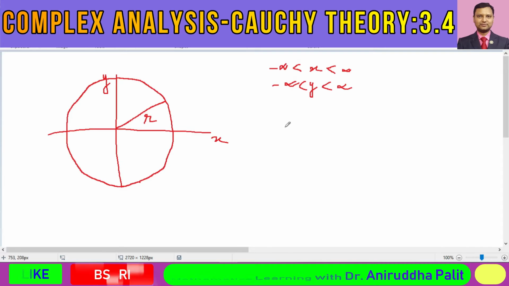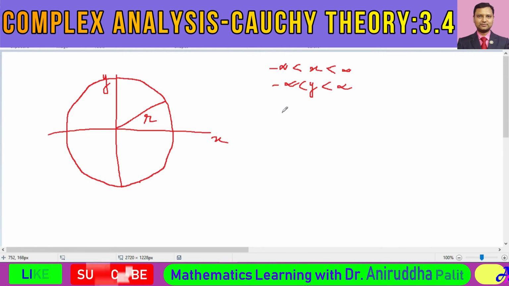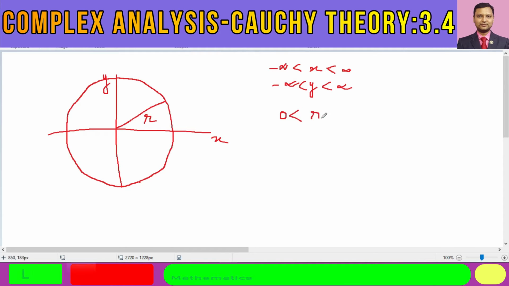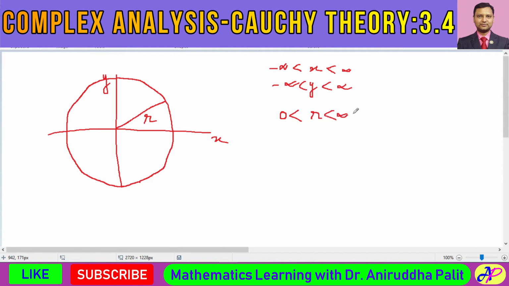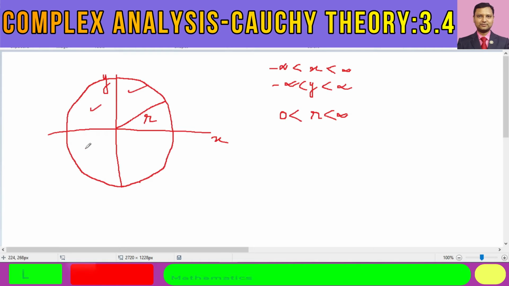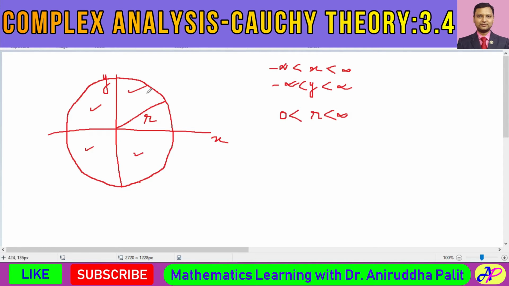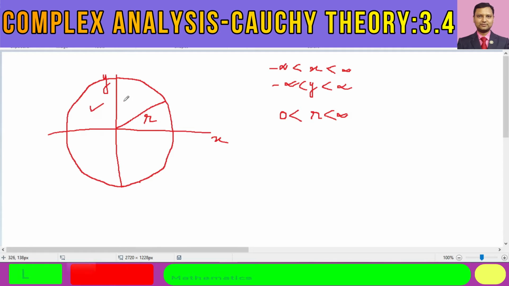Now if we consider that r is any arbitrary real number, but r is finite, less than infinity, then we can say that this interior region lies within a circle of finite radius. That is the idea.